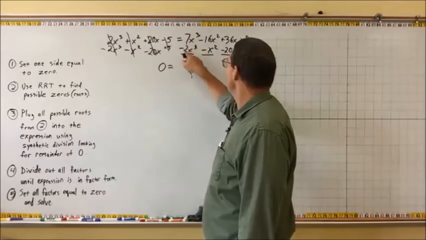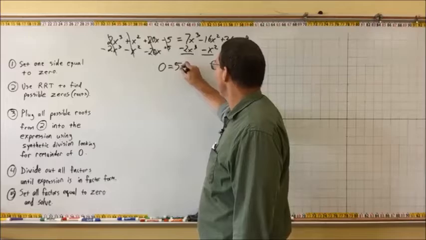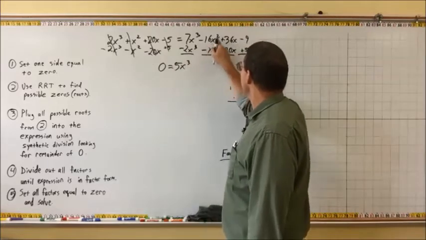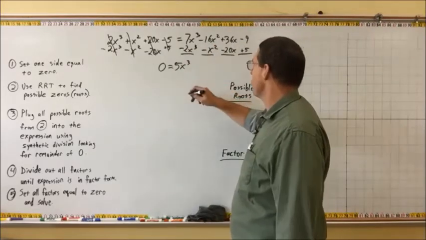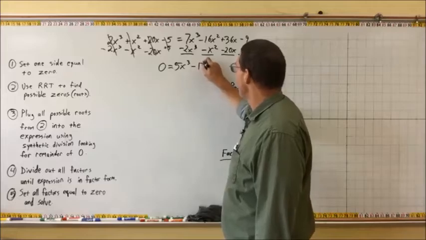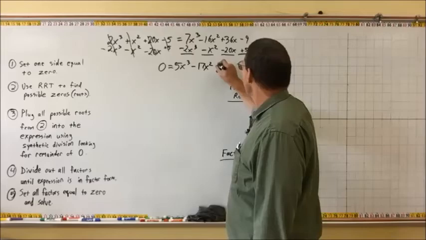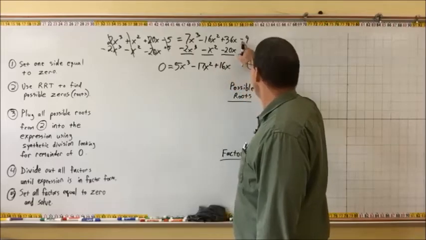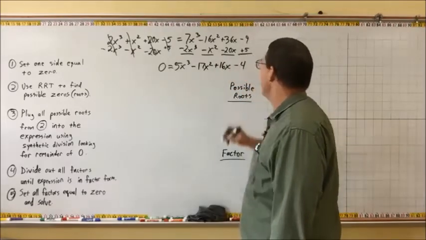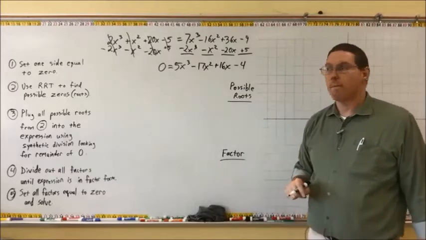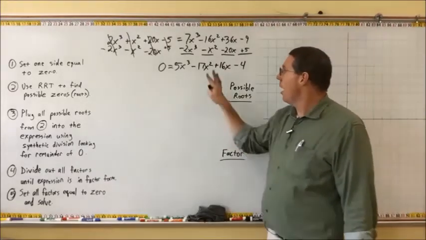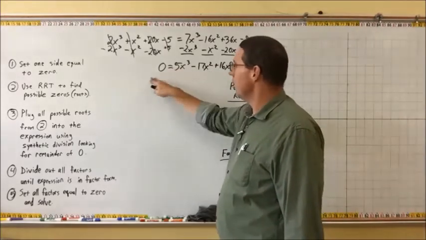This 7x cubed minus 2x cubed becomes 5x cubed. Negative 16x squared minus 1x squared, or minus x squared, is minus 17x squared. 36x minus 20x is 16x, and negative 9 plus 5 is negative 4. And so now I have a polynomial equation equal to 0.